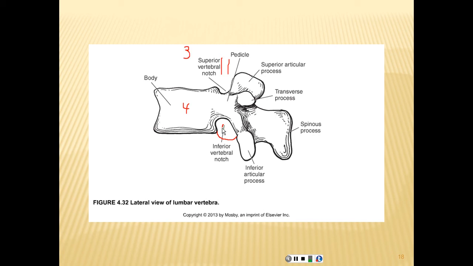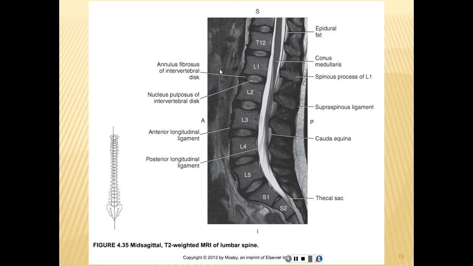The nerve that exits here would be L3. Like L2's nerve would exit out of the spinal cord about there. Okay. Be familiar with all the anatomy on this page as well.